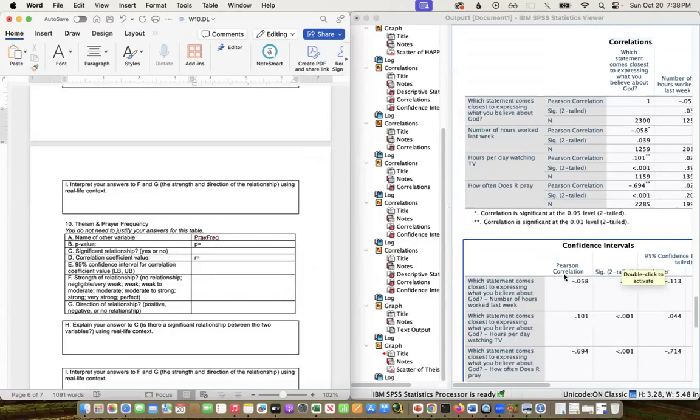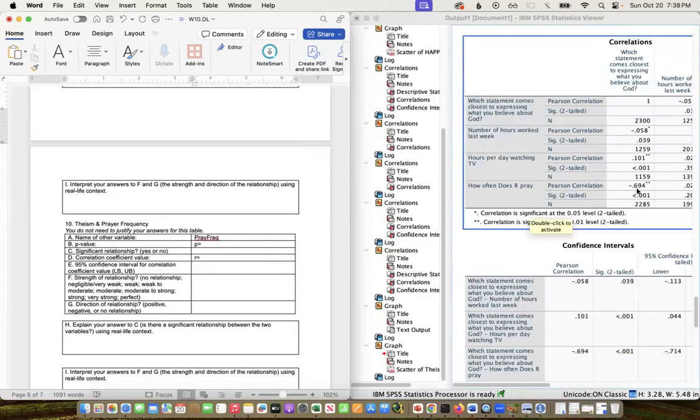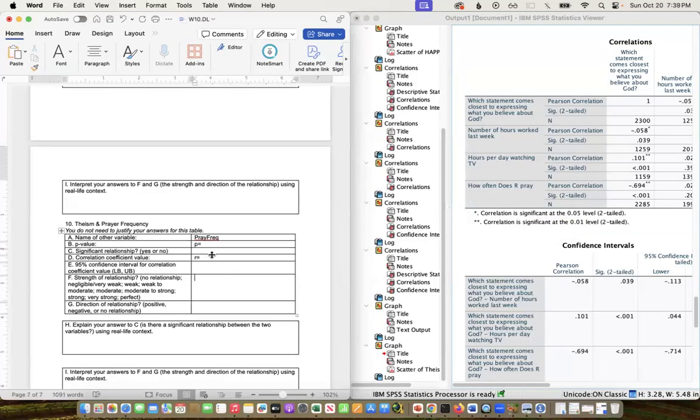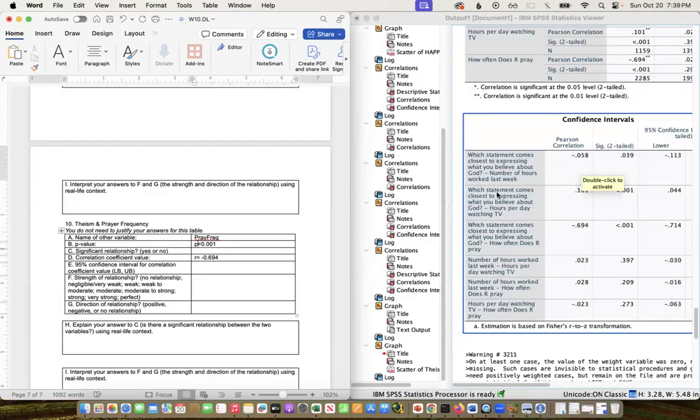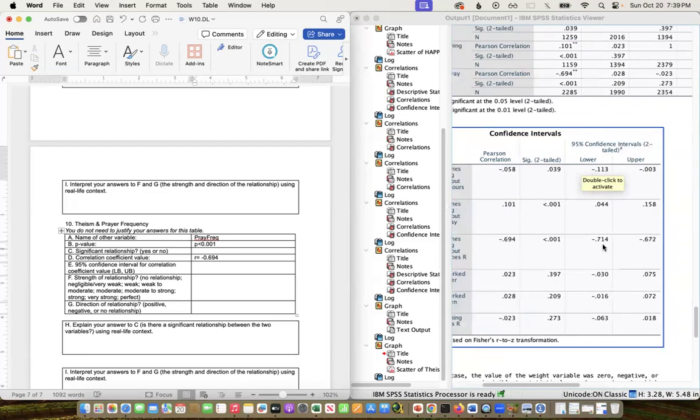So for prayer frequency, it was right here. The correlation coefficient is negative 0.694. The p-value is less than 0.001. And the confidence interval, theism and frequency is here.